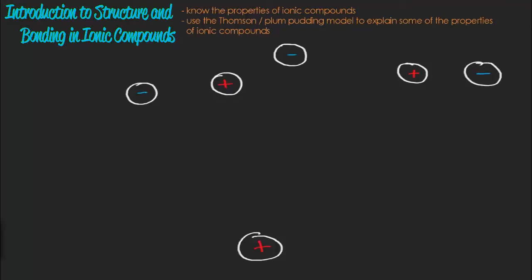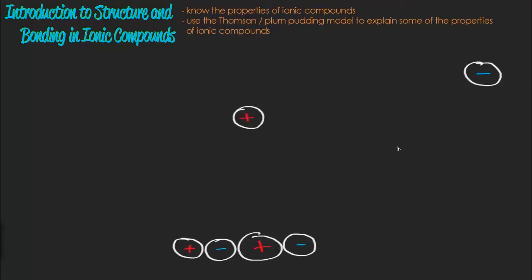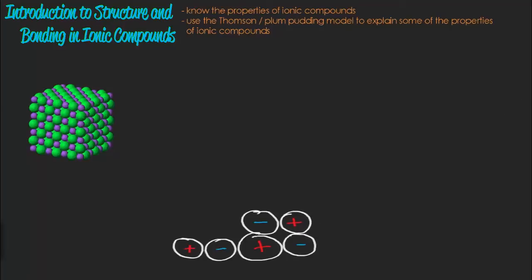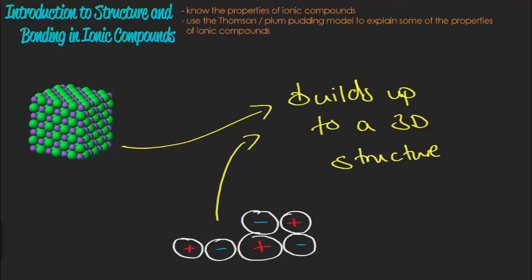If another positive ion comes near, it will simply repel away. They won't want to be near each other. But if a negative ion comes by, it will stick to the positive ion somewhere. If the next particle is a positive ion, it will want to stick to the negative ion, whilst keeping as far away as possible from the positive ion, and the opposite will be true if it's a negative ion.